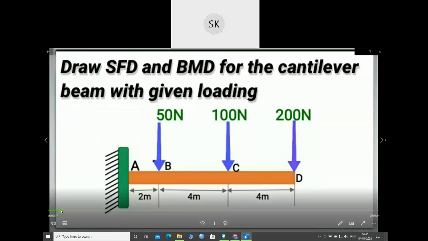We need to draw the shear force and bending moment diagram of the given cantilever beam carrying point loads at different locations.